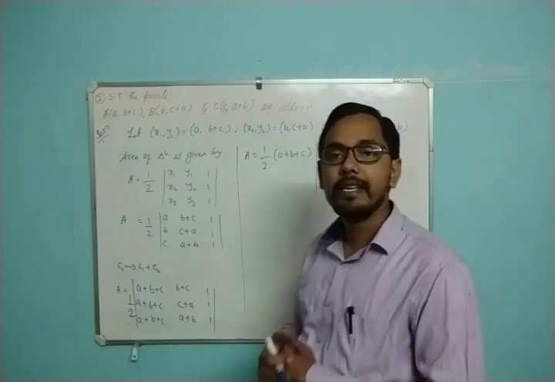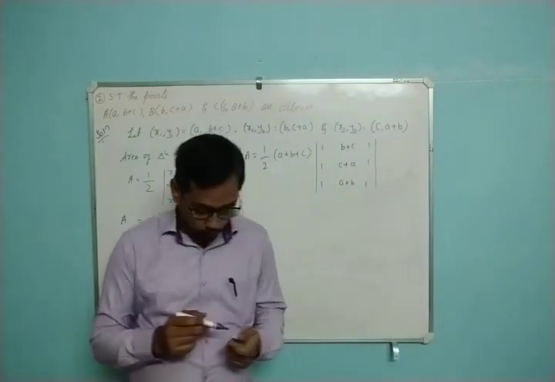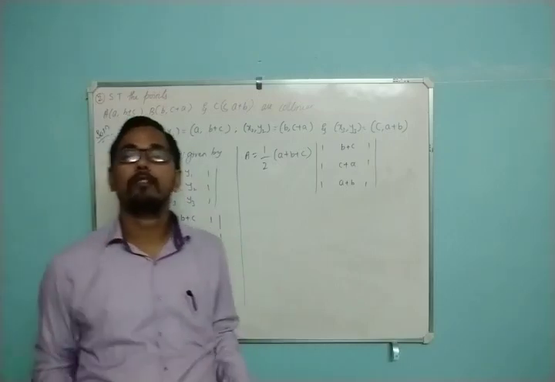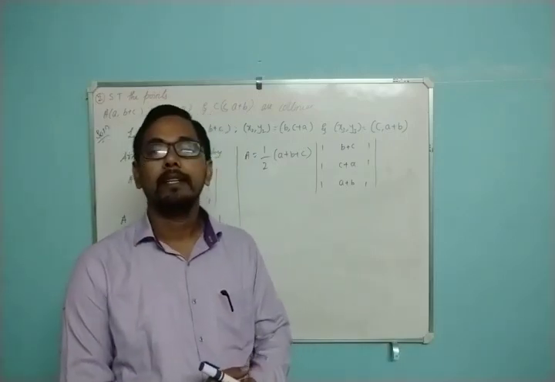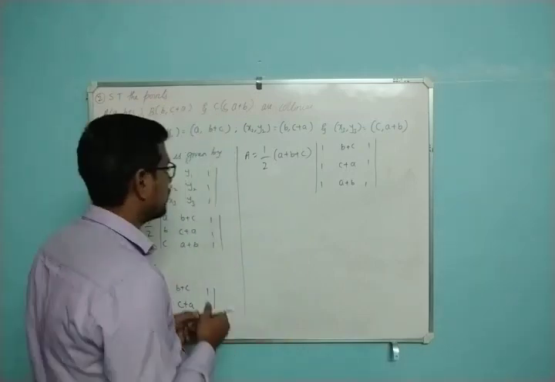So now you can see column 1 is identical to column 3. Whenever all the elements of two columns or two rows are identical, then what will be the value of the determinant? 0. Okay.